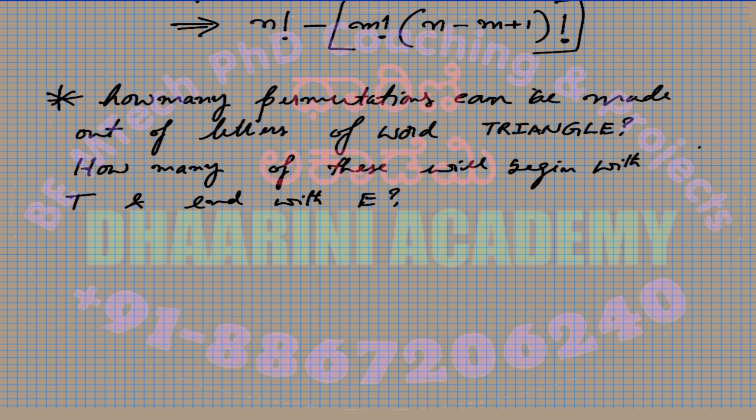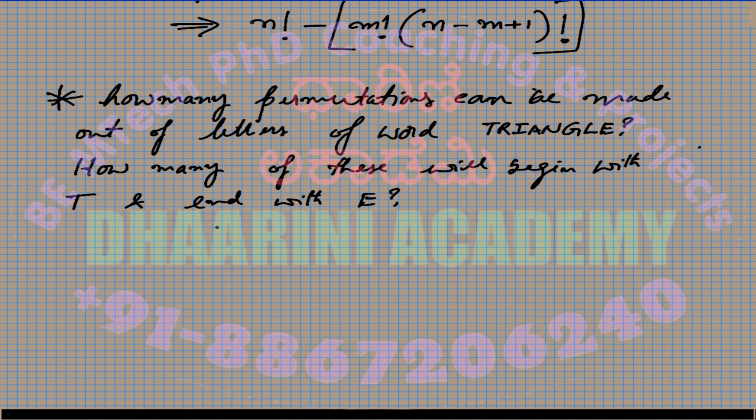Okay, so the word TRIANGLE has 8 letters and all the 8 letters are different. So the part A answer is nothing but the total number of permutations possible with the letters of the word TRIANGLE, which is 8 factorial. So 8 factorial is 40320. That is part A. Then we have part B, right?